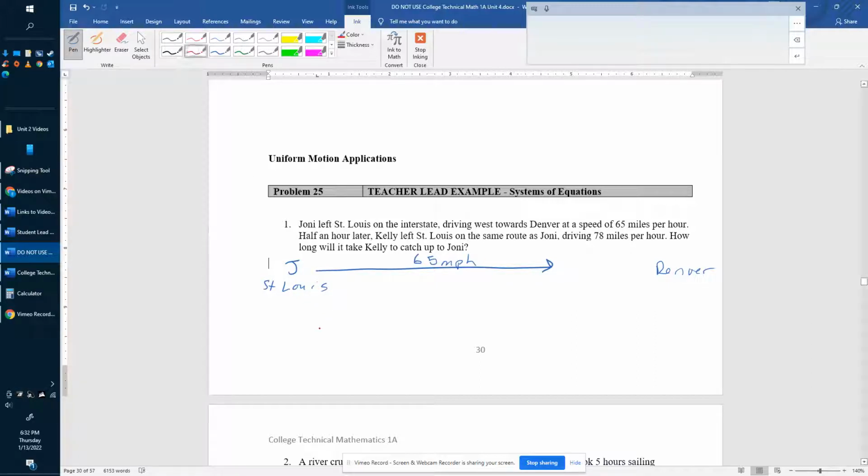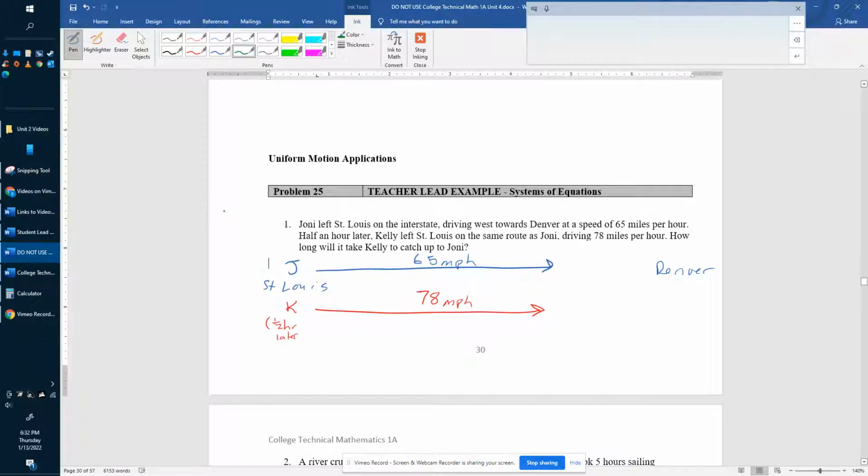Then we have Kelly, who also left St. Louis, but she left a half hour later. And she's driving towards Denver at 78 miles per hour. When will Kelly catch up to Joni?